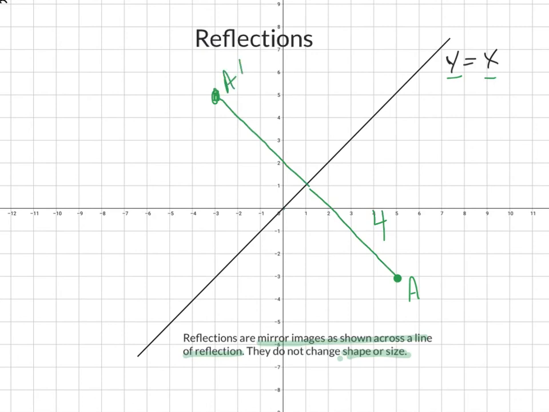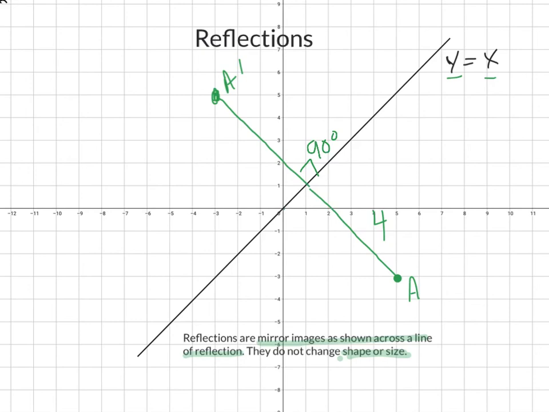And what you'll notice here is that if you connect A to A prime, you get a line, and that line is perpendicular to my line of reflection, meaning that it creates a perfect 90-degree angle. Again, reflections create perpendicular lines, 90-degree angles. That's going to be important for you.